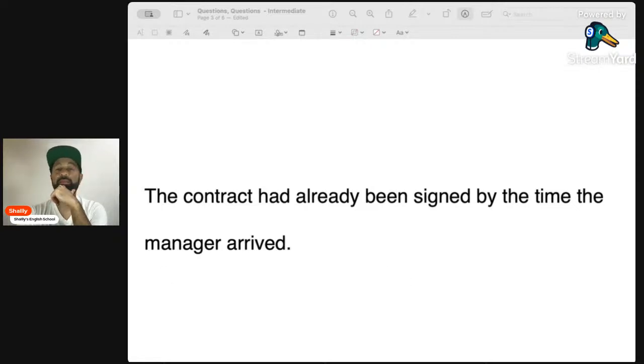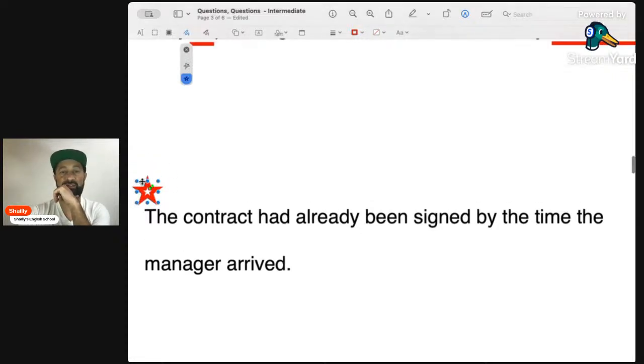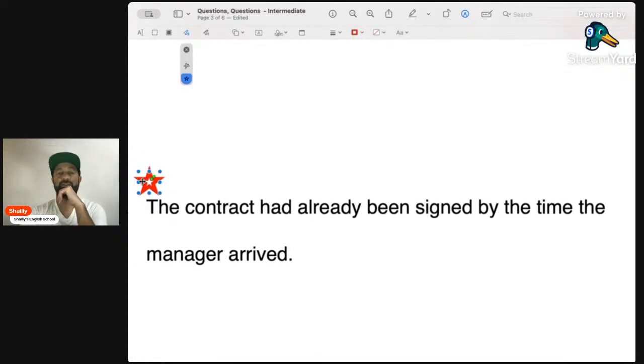Again, we could have many possible answers here. Maybe we can make a what here. I do want to put a little star behind this one as well, because there are multiple questions we could ask. Also, I want to point out we've got had been signed.